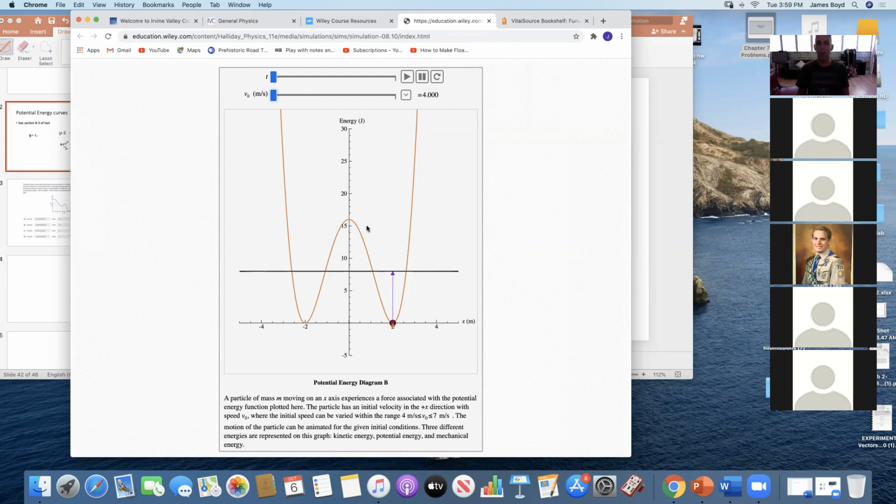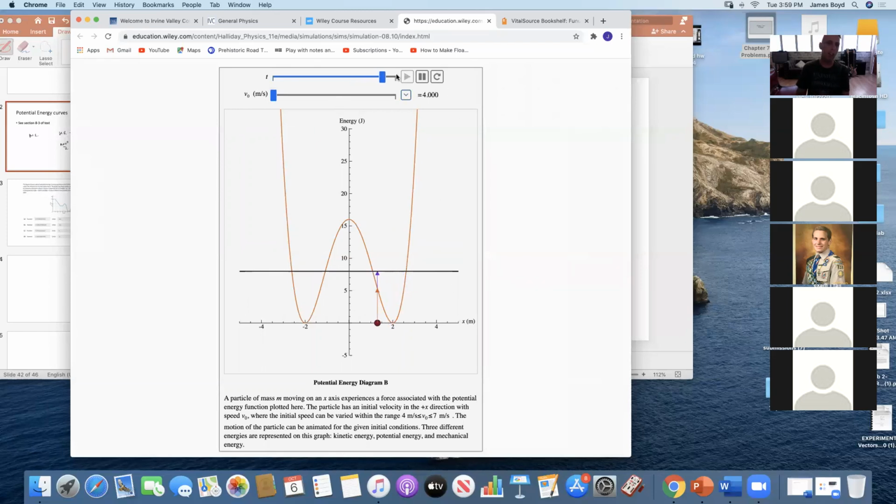And this is its potential energy graph. And you see that if we start it with this amount of potential energy, or kinetic energy, it only is able to go back and forth. At these turning points, it has all potential energy. At the bottom of the valley, it has all kinetic. So it's going back and forth and back and forth.